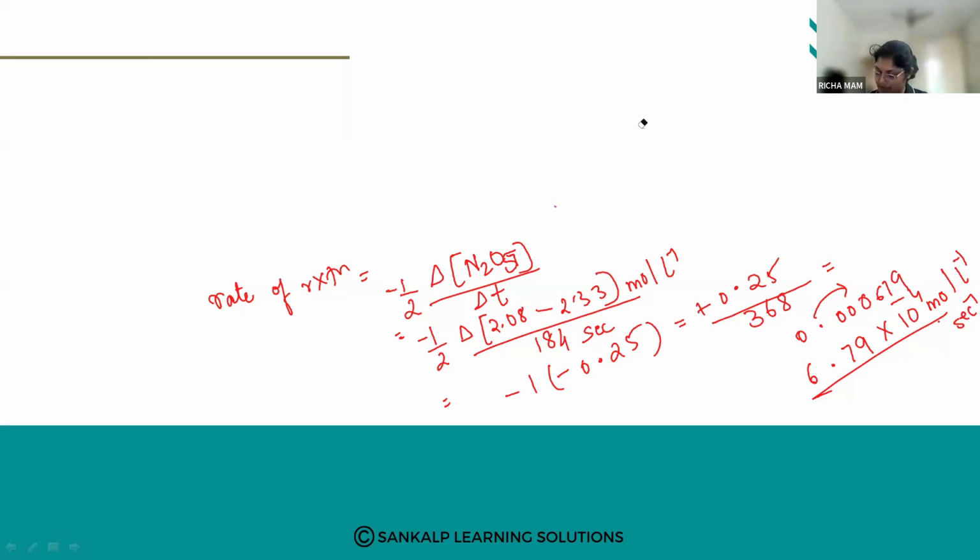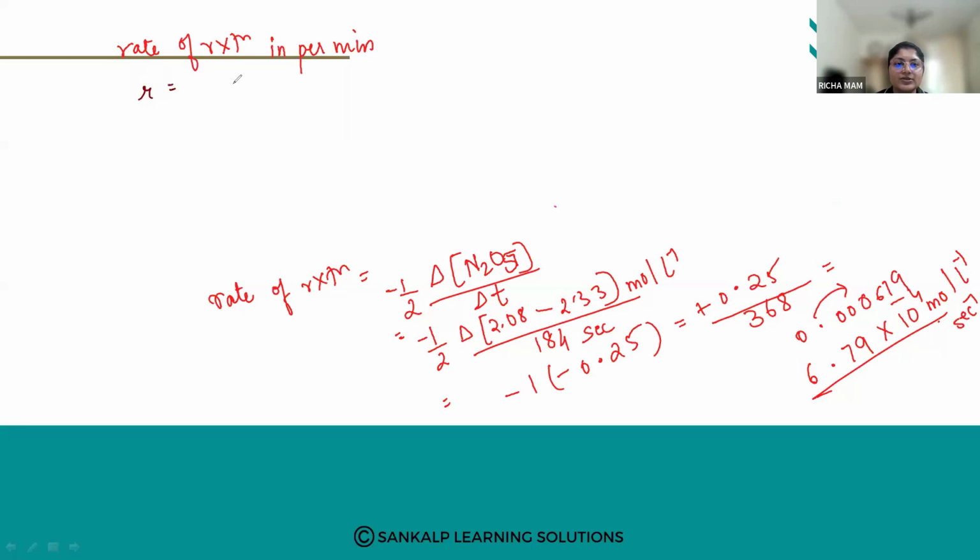The next step is you have to find the rate of reaction per minute. Okay, so how to calculate that now? The rate of the reaction per minute. So now, rate of reaction in per minute. Okay, so how to calculate?